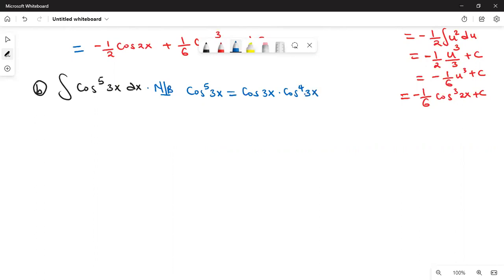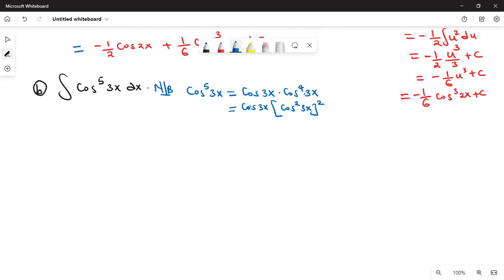But what is cosine raised to 4 of 3x? That is cosine raised to 2 of 3x, then you square it. So this can be written as cos 3x times cos squared 3x, and that is squared.